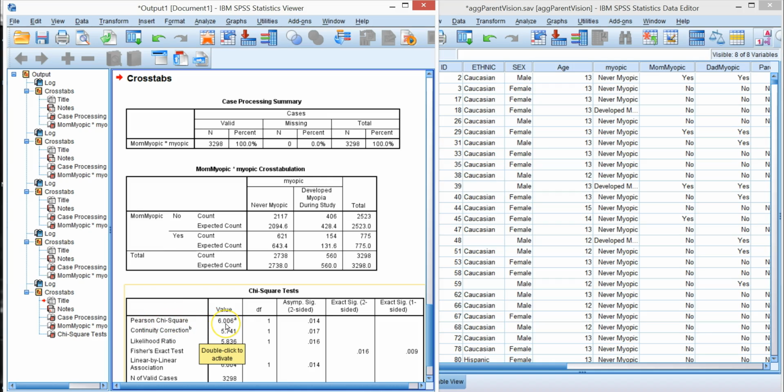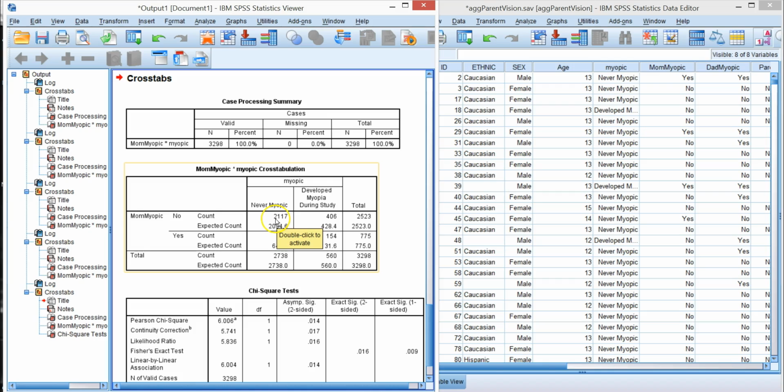In this particular case, we get a value of 6, and the two-tailed significance for that is 0.014. So that means that there is an association between moms with myopia and kids with myopia. Looking at the table, the number of children who were never myopic with moms never myopic is a greater number than chance given these marginal totals.